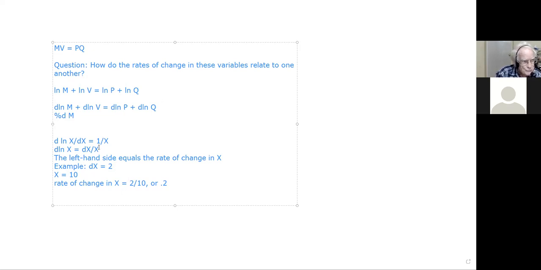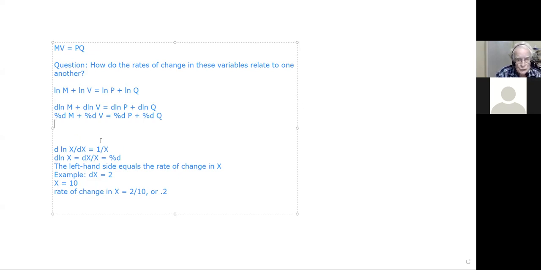For example, here is the rate of change in x. It's just notation. Okay, so far?